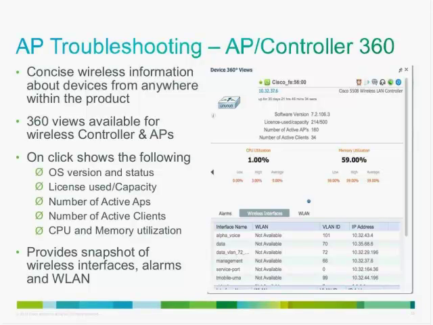Am I having any CPU or memory implications? Am I seeing high CPU or memory? Things like that. And then we have the alarms that you can quickly sift out, particularly on this controller or access points. Or you can see all the wireless interfaces on this controller as well.